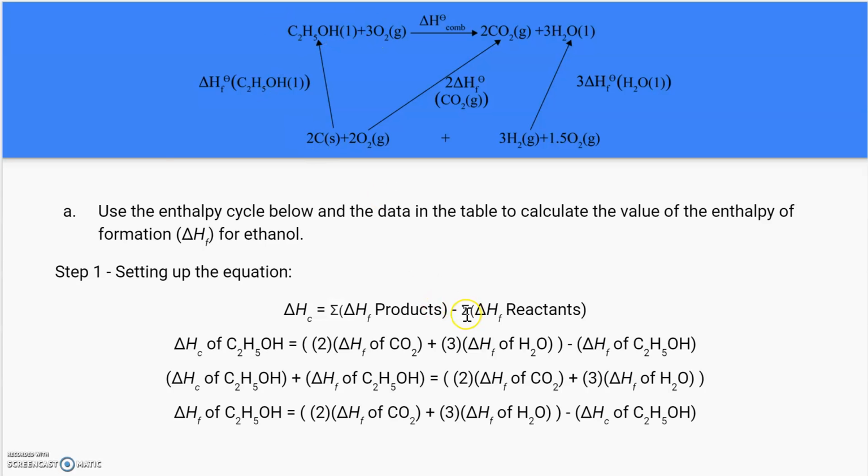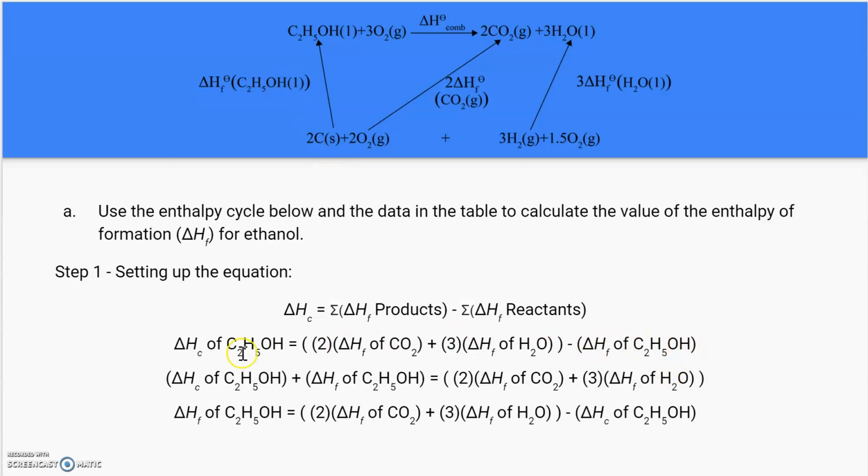So in this case, the sum of the enthalpies of formation of the reactants is just going to be the enthalpy of formation of ethanol, as it is displayed here. It's what the enthalpy cycle is telling us. So in the sum of the enthalpies of formation of the reactants, we're only going to include that 1 enthalpy of formation of ethanol.